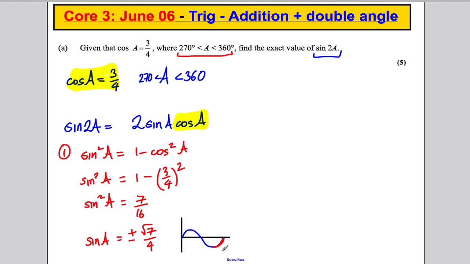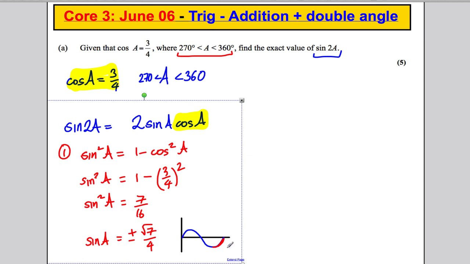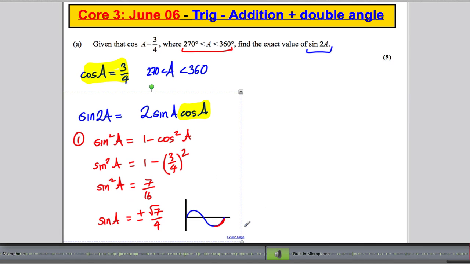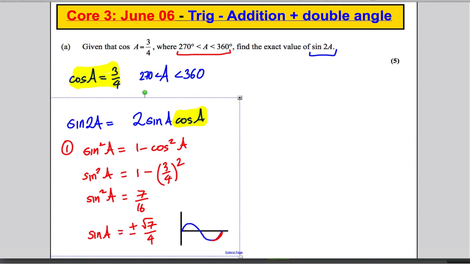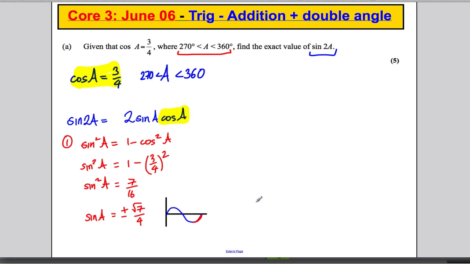We are certainly going to take the negative value for sine A. So sine A is going to be negative root 7 over 4.